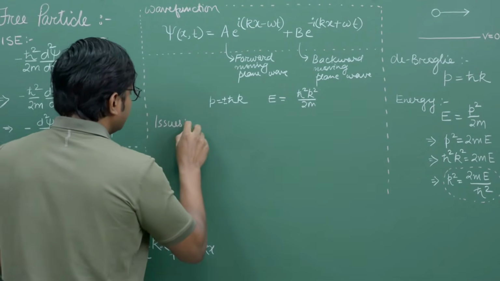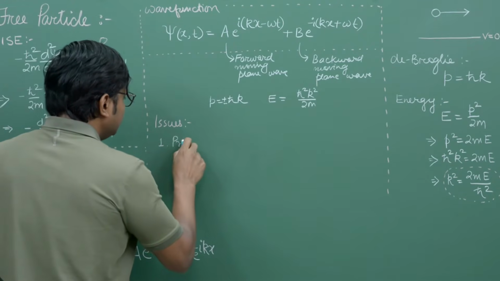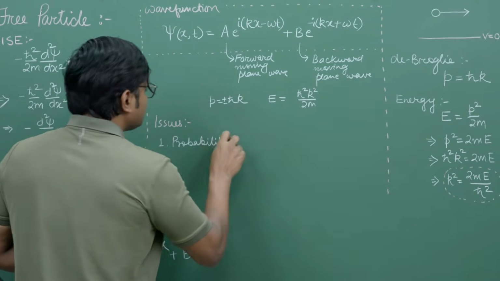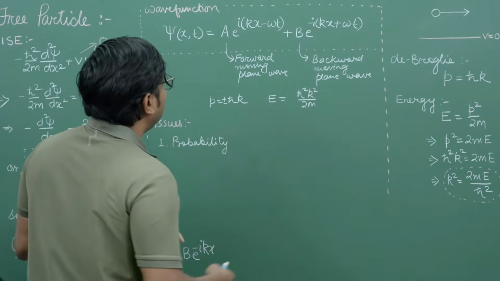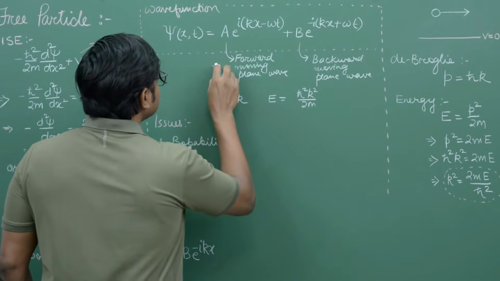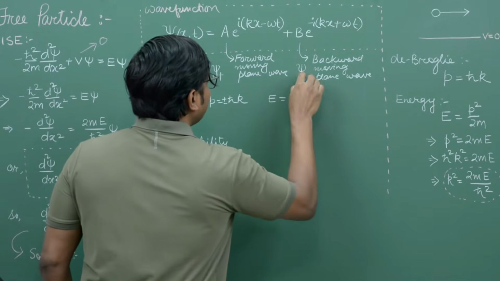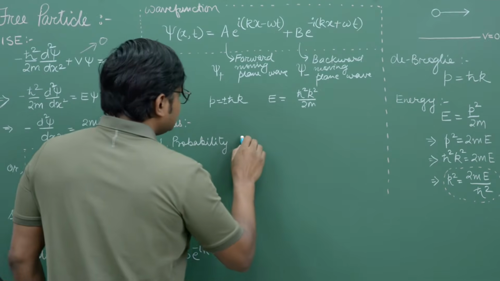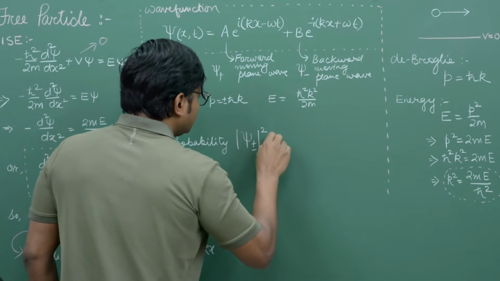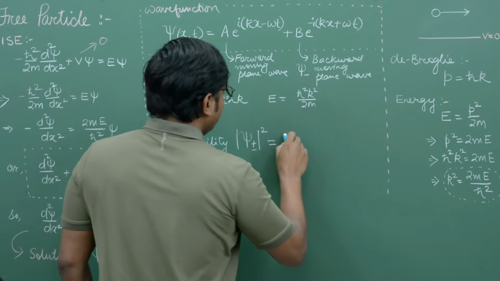The first issue is that if I try to figure out the probability density associated with this wave solution, let's suppose for the forward moving wave, I'm going to call this psi plus, and the backward moving wave, psi minus. So let's suppose I choose psi plus or psi minus, mod square. Now what is this?